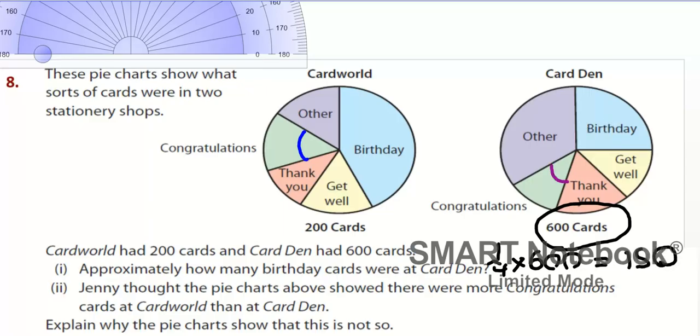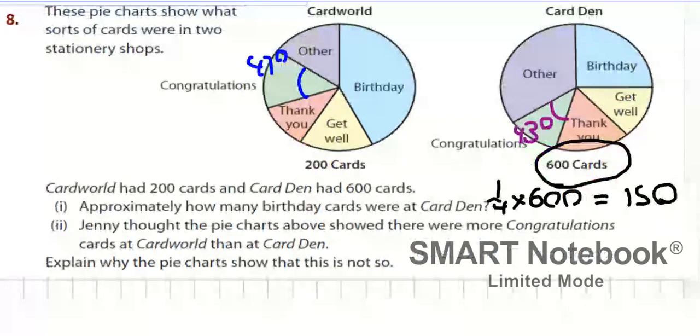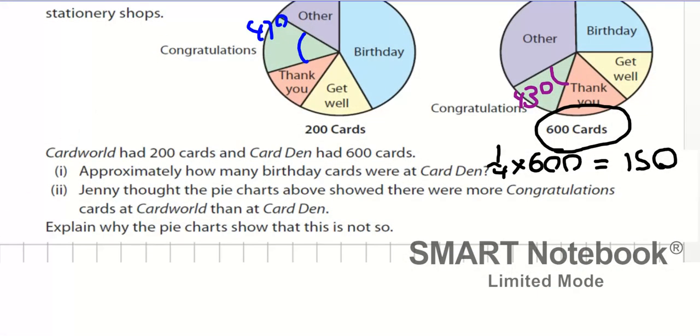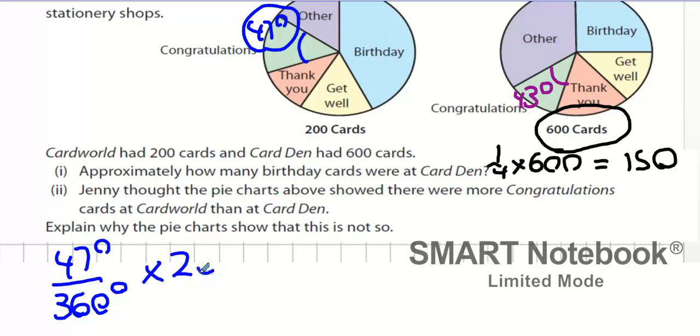Blue angle is 47 degrees, okay? And the purple angle is 43 degrees. Well, here's the difference. You listening? Really need to pay attention to this. 47 is a bigger fraction. However, it's 47 degrees out of 360 degrees, but it's only 200 cards.